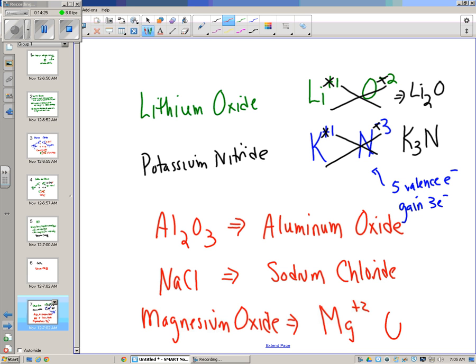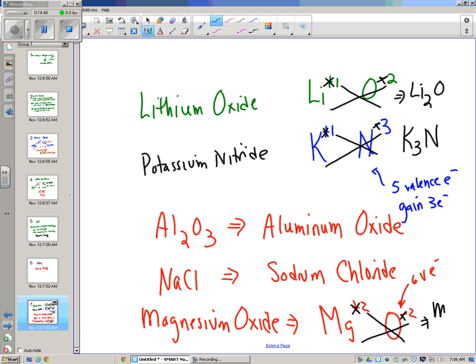Oxide is for oxygen, which is in group 16. It has 6 valence electrons. So if it has 6 valence electrons, it wants to gain 2 electrons. It has a -2 charge. Now, how do you write this formula? Cross out the charges and crisscross the numbers.